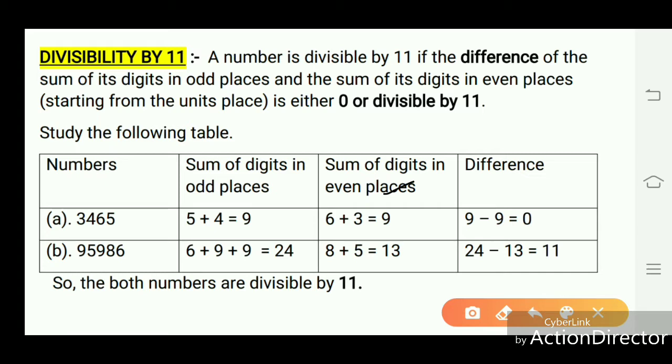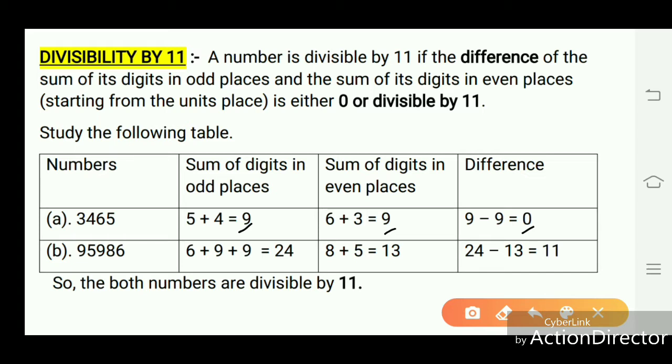The digits in even places are 6 and 3, so 6 plus 3 gives 9. Now we subtract the sum of digits in odd places and the sum of digits in even places: 9 minus 9 gives 0.